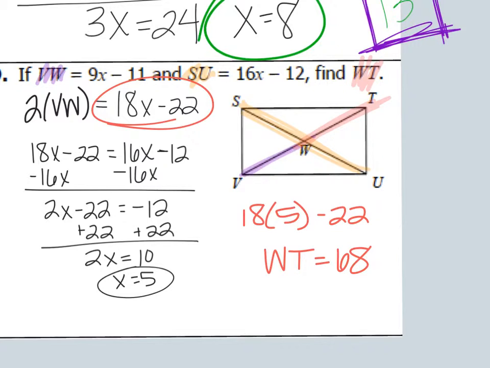Okay. But I just realized I made a mistake. I just solved for VT. So to find WT, I have to divide that by 2. So 68 divided by 2, oops, is 34. So WT is equal to 34 degrees.